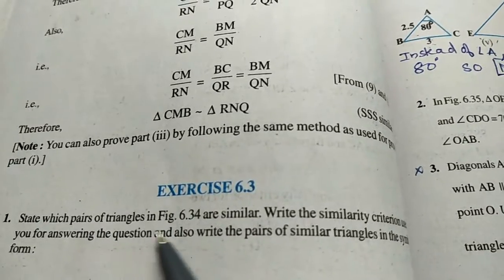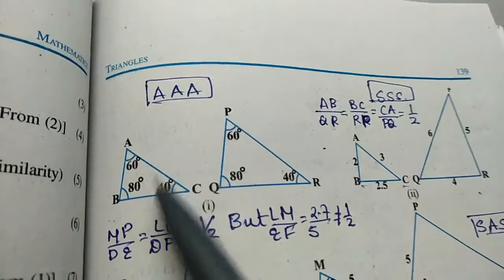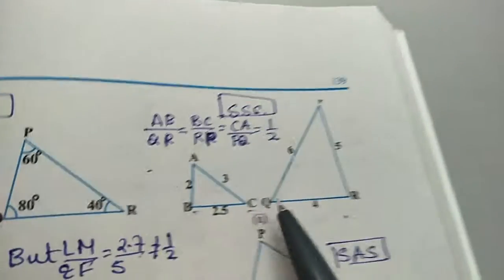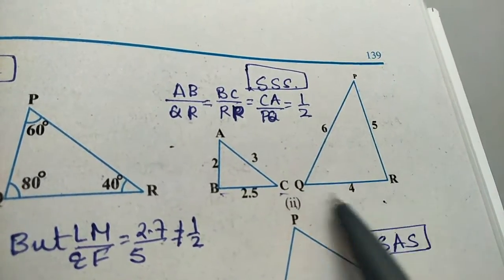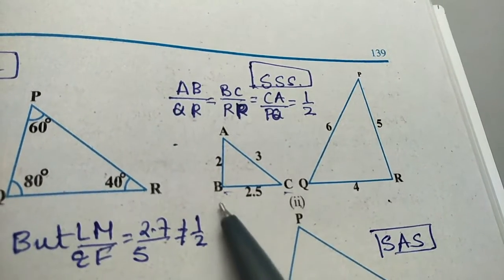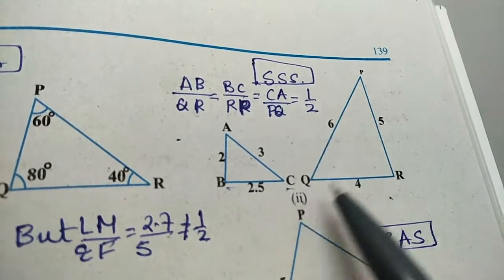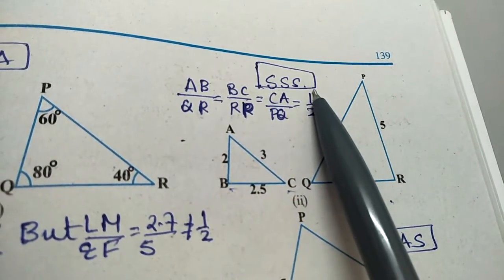Now in exercise 6.3, you have to state which of them are similar and what is the reason for their similarity. If you see the first one, here all the angles are equal, so it is by AAA. Here if you see the ratio of AB to QR, BC to PR, and CA to PQ, it will be 1 by 2. So that is by SSS.